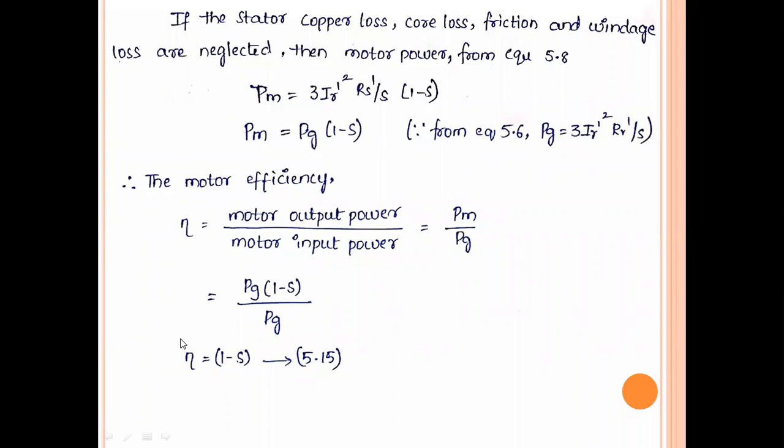So from this equation, we simply say that variable stator voltage control of an induction motor produces a reduced efficiency. And not only that, it also overheats the rotor, because losses are increased in the rotor resistance.